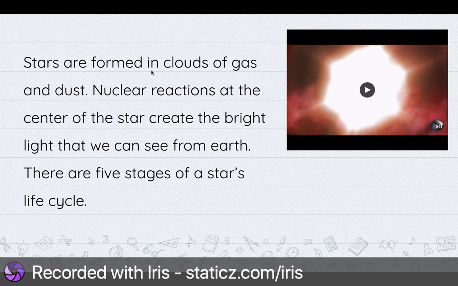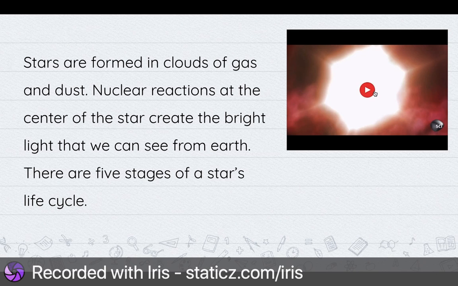Stars are formed in clouds of gas and dust. Nuclear reactions at the center of the star create the bright light that we can see from Earth. There are 5 stages of a star's life cycle. That's what we're learning today.